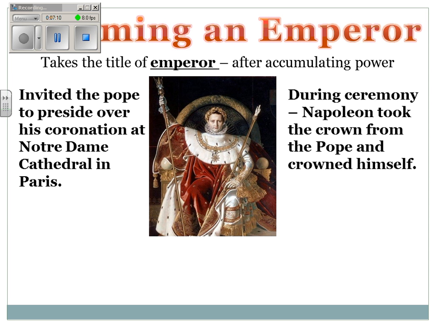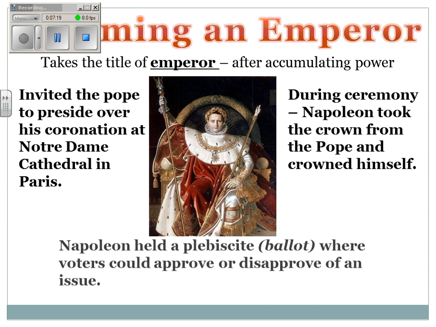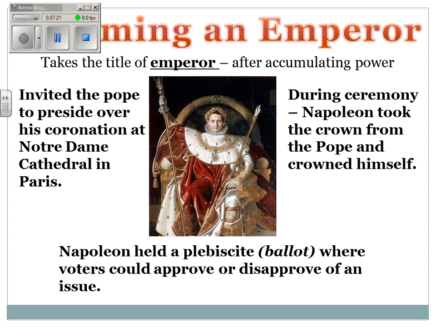So by taking the crown from the Pope, it is a rejection of the Catholic Church. The Pope typically would put the crown on your head, and that's kind of God ordaining you. Again, going back to the idea of divine right. But Napoleon takes that crown from his head and puts it on his own.